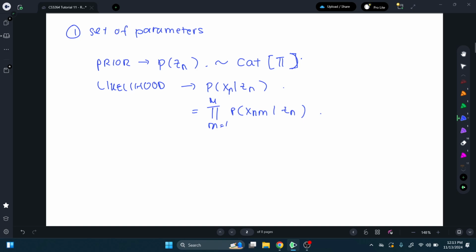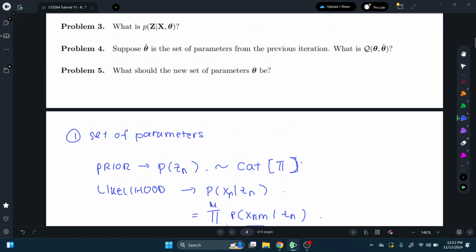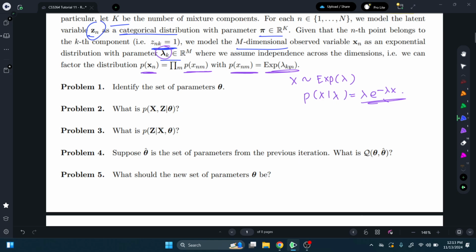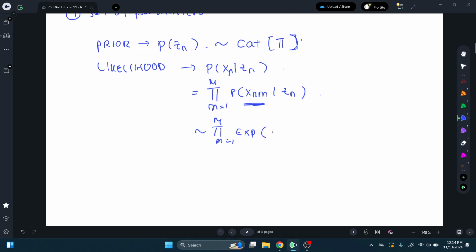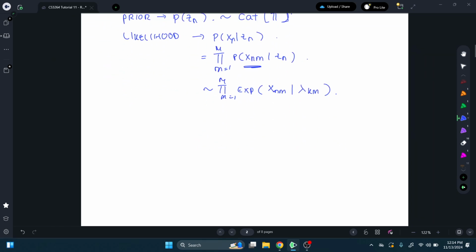That's for my likelihood here, which we know will follow the exponential distribution. So this will be exponential of xnm given your lambda k. This is telling you that the m-th component of xn will follow the exponential distribution with lambda k for that component m, because your lambda k itself is going to be a vector.